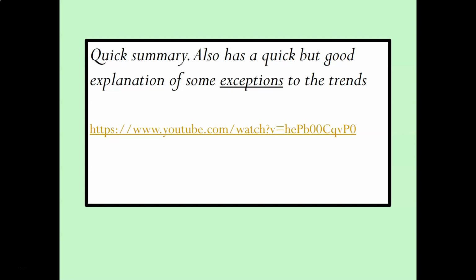It's not something I'm going to show because it is a little bit outside the scope of the class. At this point in the lessons, we will do a worksheet where we look at some of the exceptions and try to figure out what they might be, but I'm not going to do a formal lecture on it. But if it is something that interests you on your own time, you can watch that video.